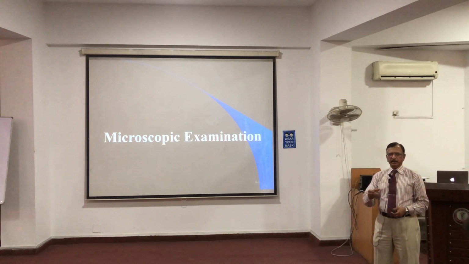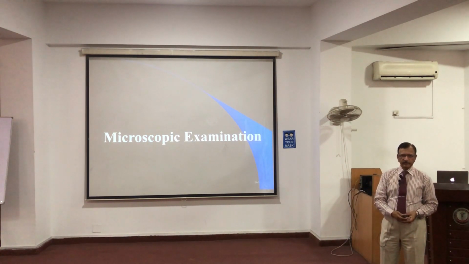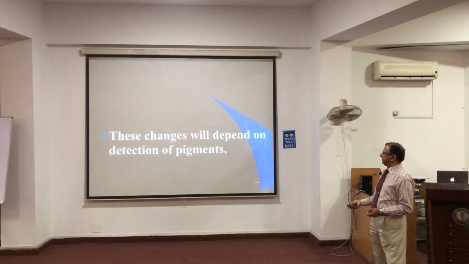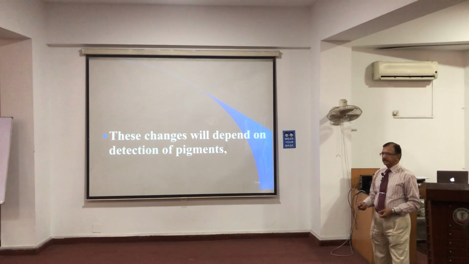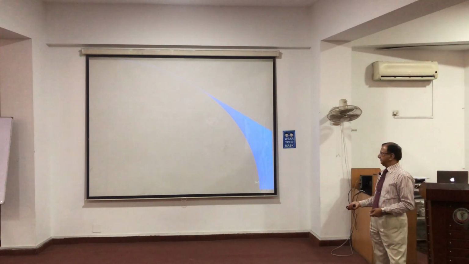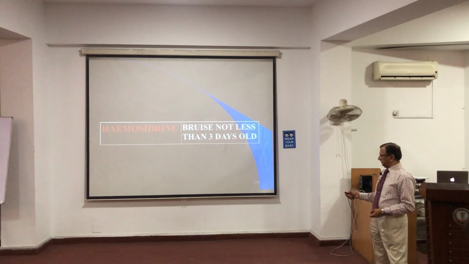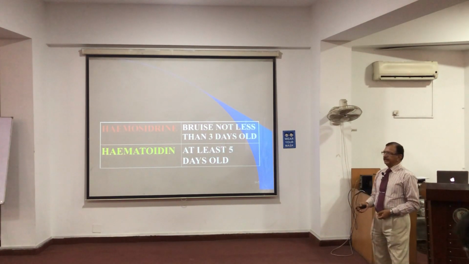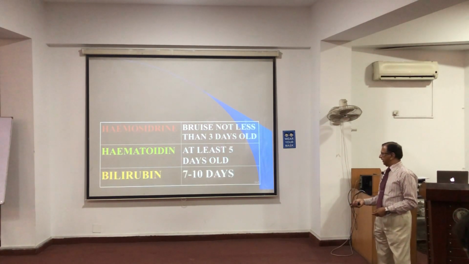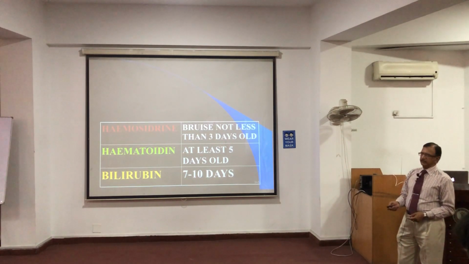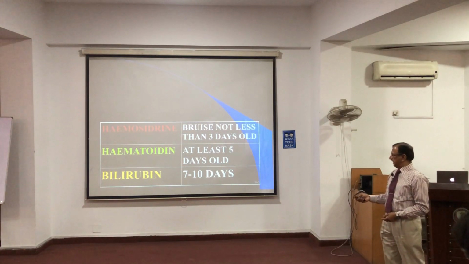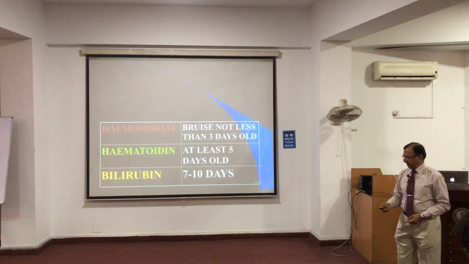These pigments are visible under the microscope, and we can determine from the microscopic examination of the tissue which pigment is there and how old the injury is. Like if hemocytin is detected, it is less than 3 days, hematidine at least 5 days old, and bilirubin 7 to 10 days. So these three pigments are visible under the microscope and show the time frame.